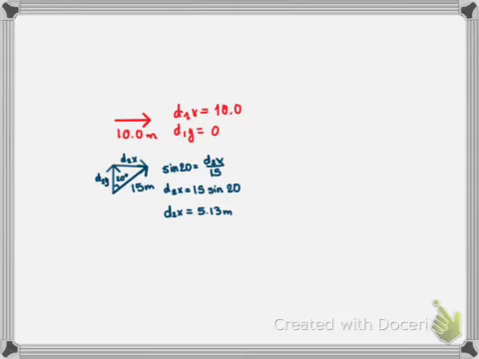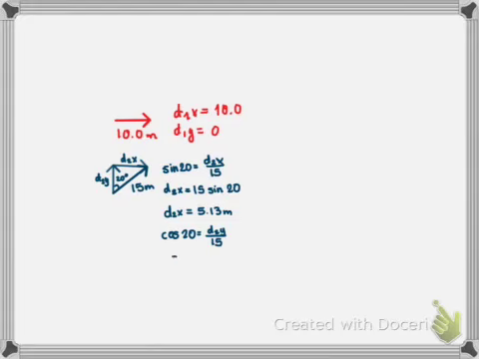Now to find d2y. d2y is the adjacent side of the 20-degree angle, and the trigonometric function that relates adjacent and hypotenuse is the cosine. So the cosine of 20 is going to be equal to d2y over 15.